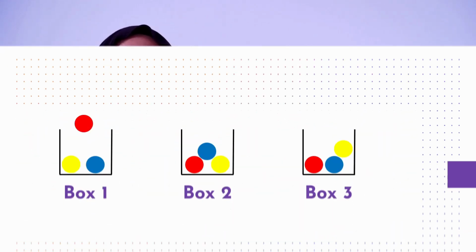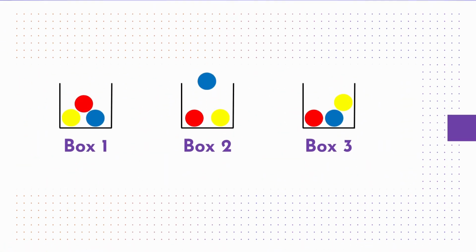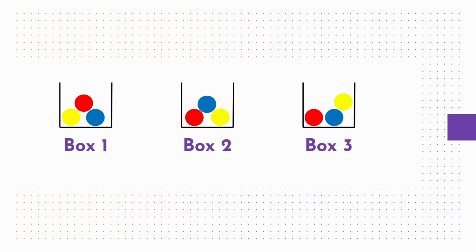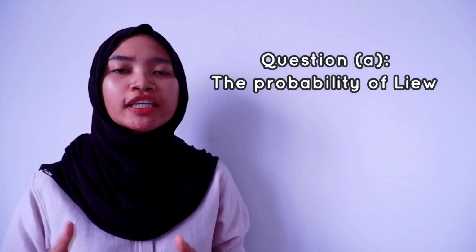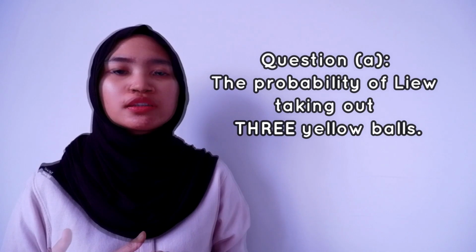Subsequently, Liu takes at random 1 ball out of each box. He takes out the first ball from box 1, the second ball from box 2, and the third ball from box 3. The question wants the probability of Liu taking out 3 yellow balls.